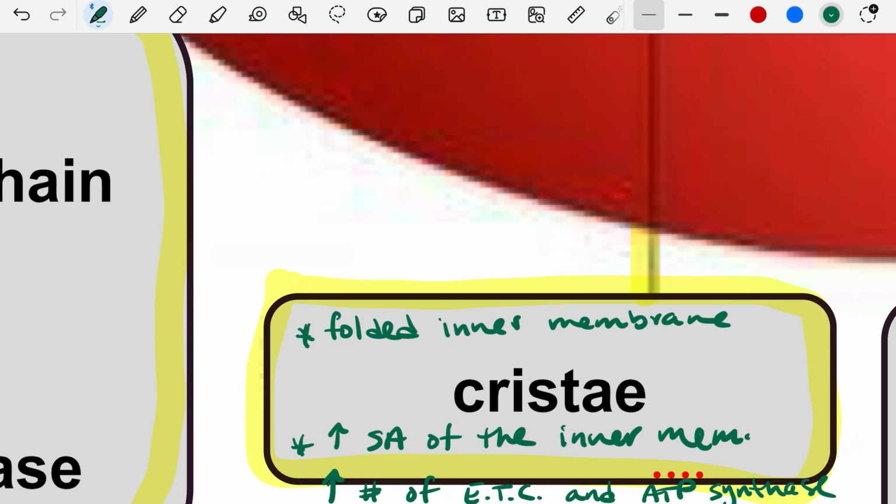Okay, this will make a little bit more sense as we talk more about the process of cellular respiration, but all you need to know right now is that these cristae are folded parts of the inner membrane, and their job is to increase the surface area of the inner membrane and to increase the number of electron transport chain and ATP synthase proteins.